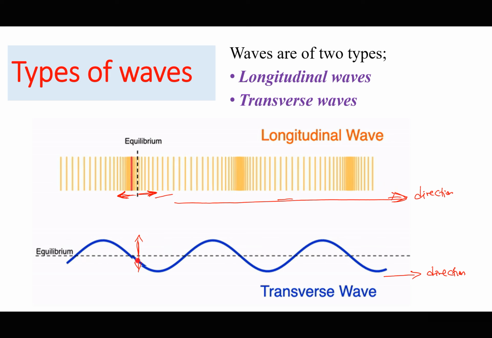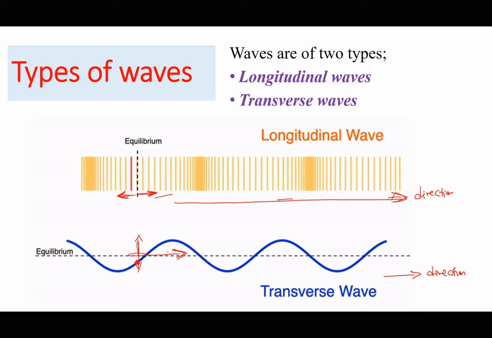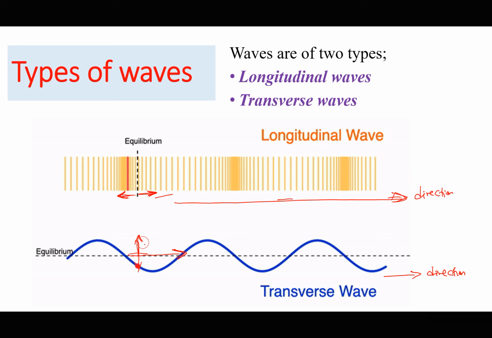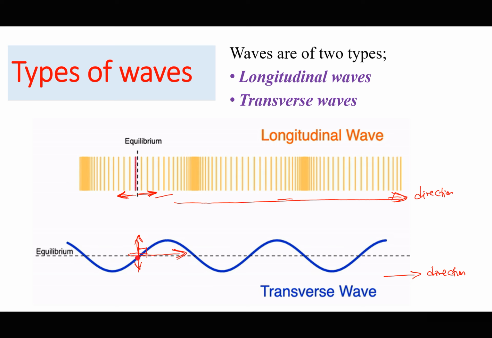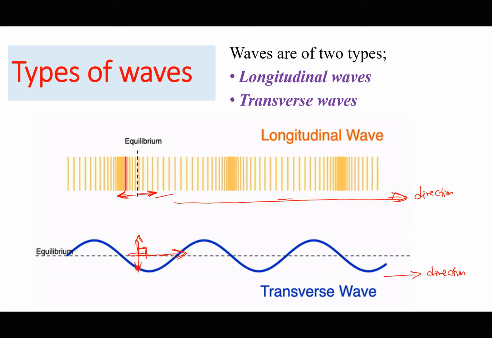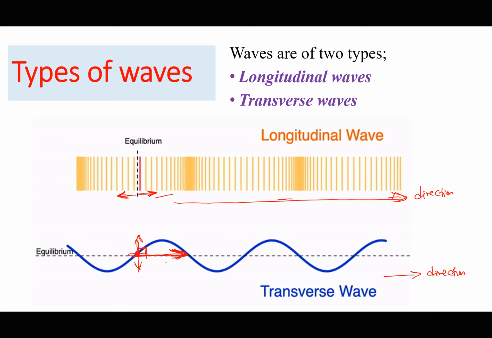So you notice that the direction of propagation of the energy is from left to right, yet the particle is vibrating up and down, meaning that the direction of vibration is making an angle of 90 degrees to the direction of propagation of the wave, or to the direction of propagation of energy.